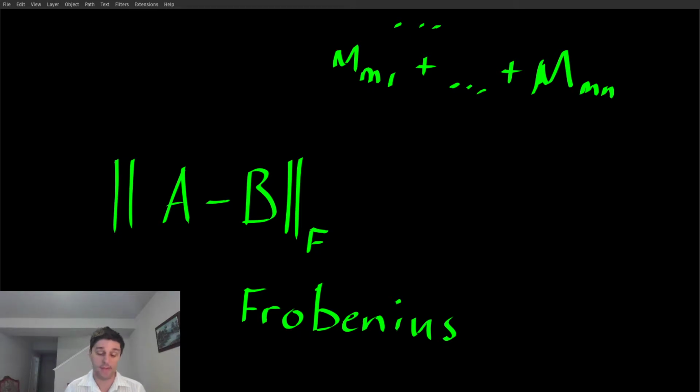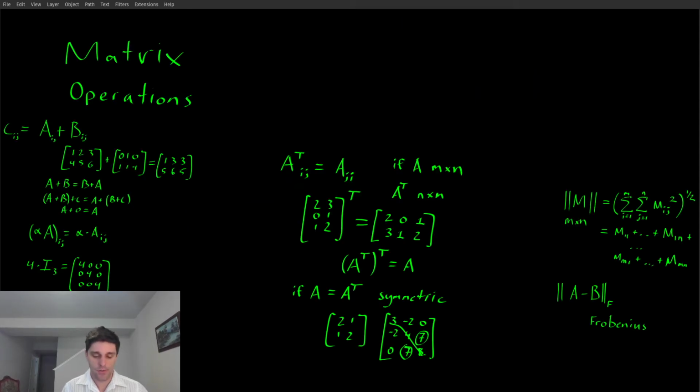Yay, okay. But we're not going to cover any other norms in this book, and this is the one that will be used, so you don't necessarily need to even remember that name, but if it does come up somewhere, this is the Frobenius norm.